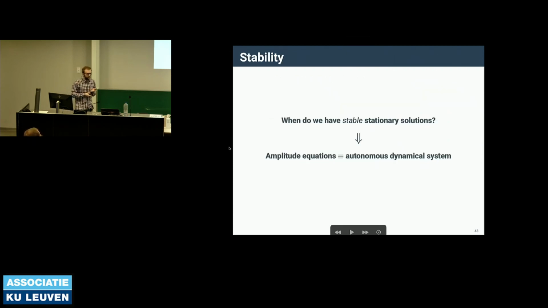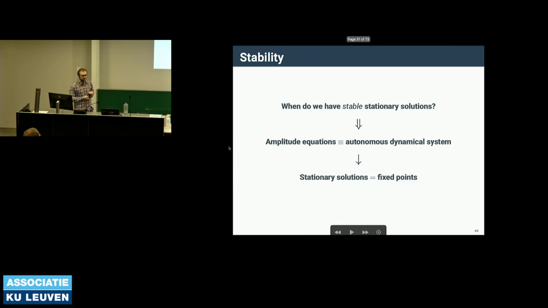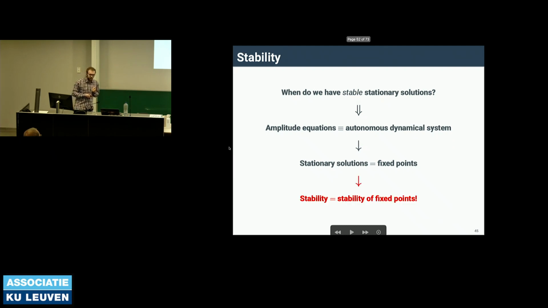So how do we do this? How do we determine this mathematically? Well, we first realize that our amplitude equation is no more than an autonomous dynamical system, that the stationary solutions of these amplitude equations are no more than the fixed points of this dynamical system, and that the stability of these stationary solutions is no more than the stability of these fixed points.